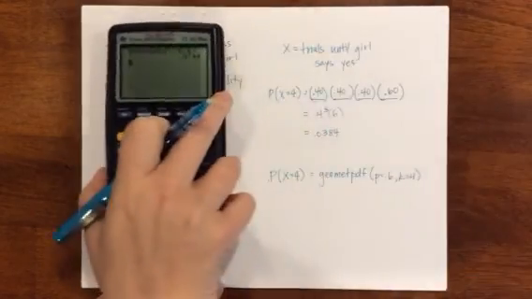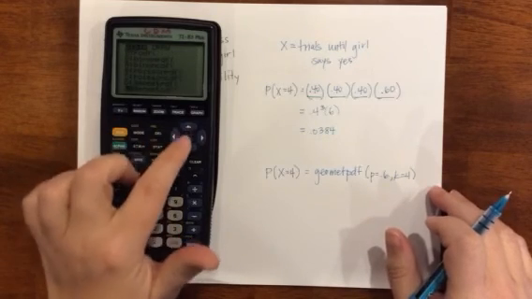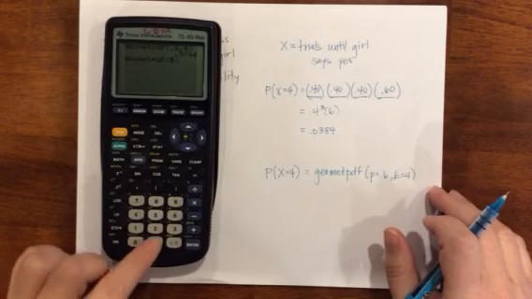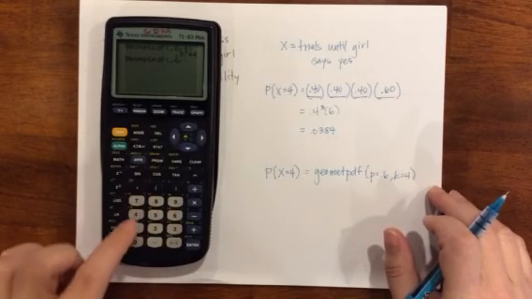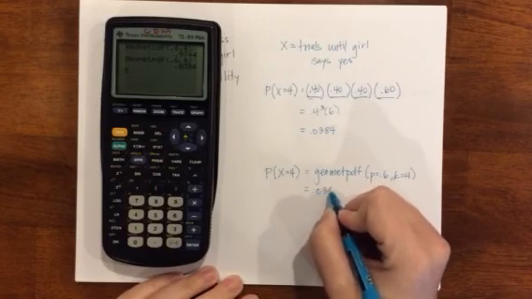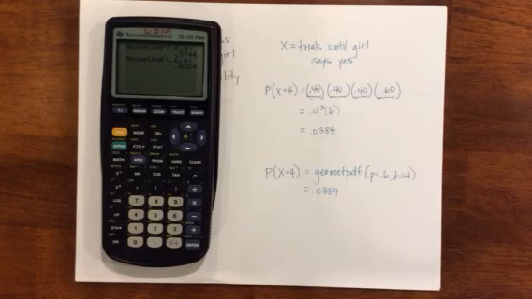Geometric PDF. It's under second vars. You're going to write 0.6, comma 4, and there it is. Exactly what we got right there.